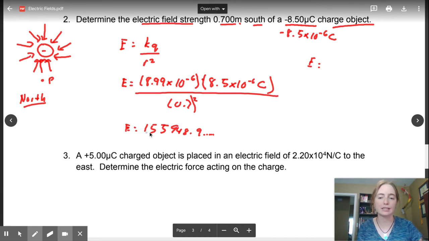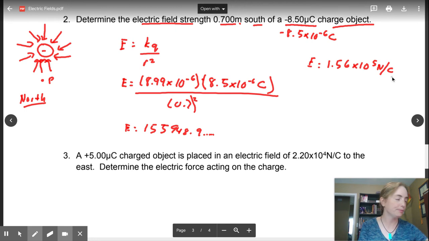So I want 3 sig digs. So I'm going to come back and look at these guys. This 9 will round that 6 up. So I'm going to have 1.56 times 10 to the power of 5 newtons per coulomb. All right. And my direction, north. We figured that out first.